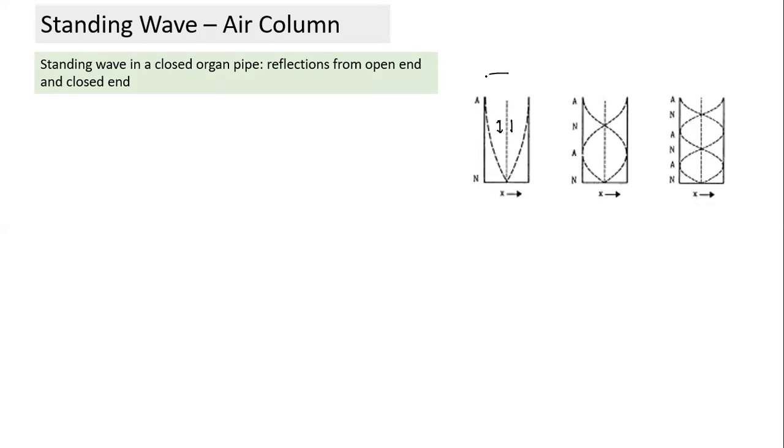If I place a tuning fork here, which oscillates like this, the tuning fork will set up longitudinal oscillation in the air particles within this cylindrical tube. And when it oscillates, it's easy to understand that some particles will have no oscillation. The particles close to the closed surface cannot oscillate.